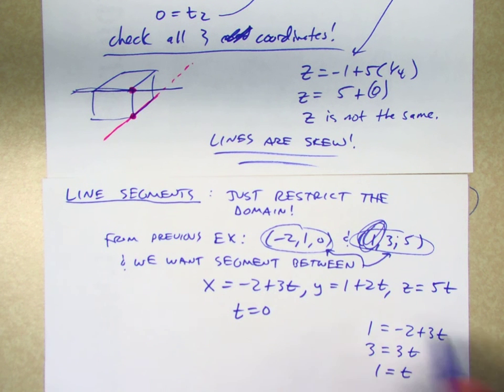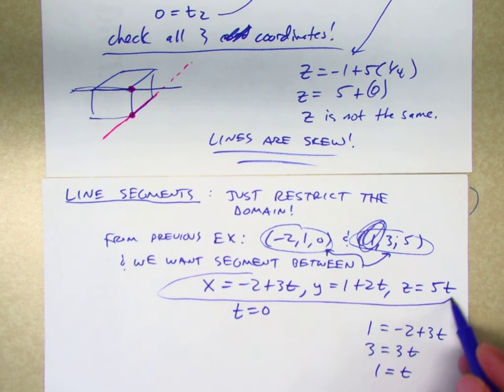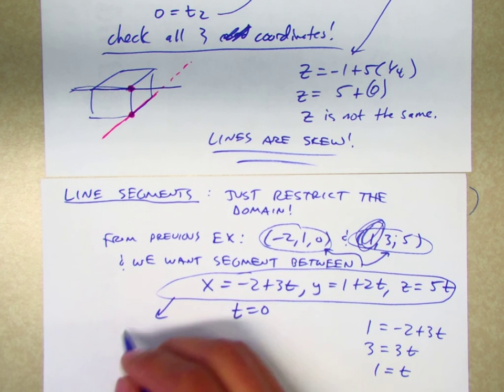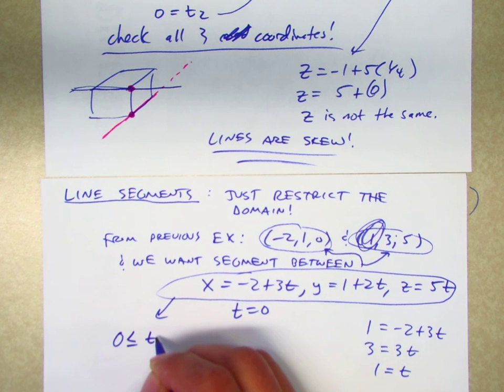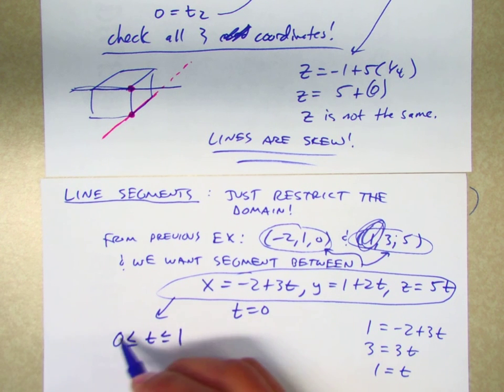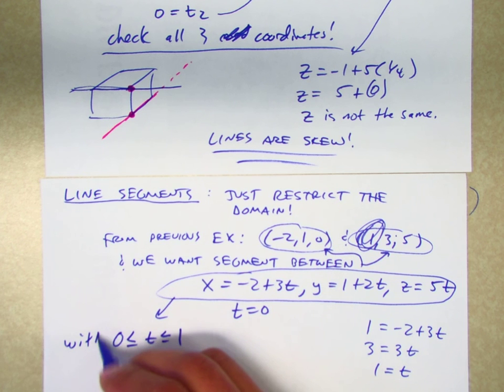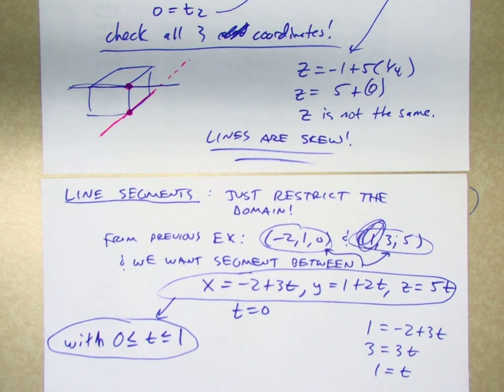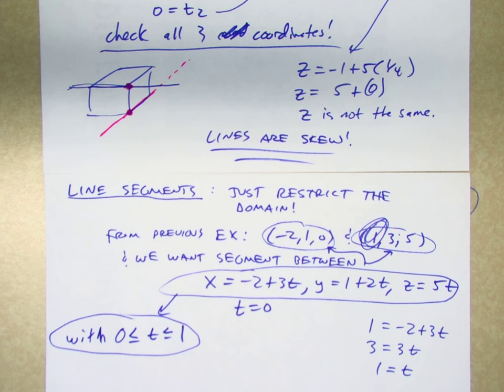We would just say, here are the parametric equations with the restriction that 0 is less than or equal to t, which is less than or equal to 1. So line segments are no different. You just have to add in from what t value to what t value produces that line segment.